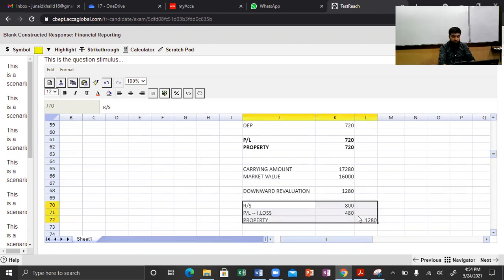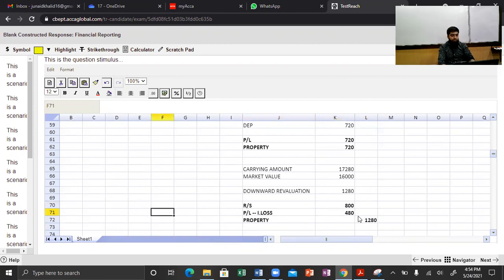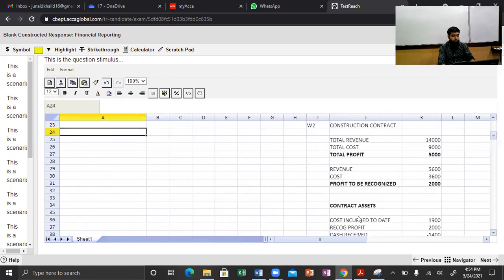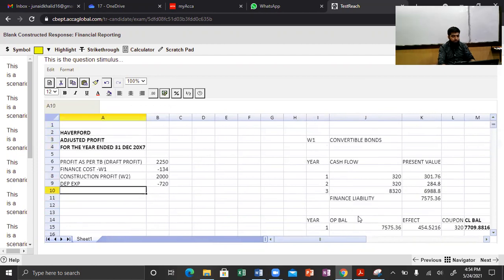It means that particular adjustment is required. This adjustment is going to hit both the P&L and the balance sheet. Right now we are looking at the P&L item, that is the profit. So the profit will be reduced by 480 on account of the impairment loss.